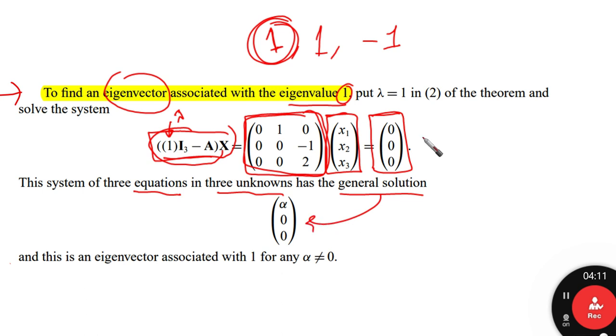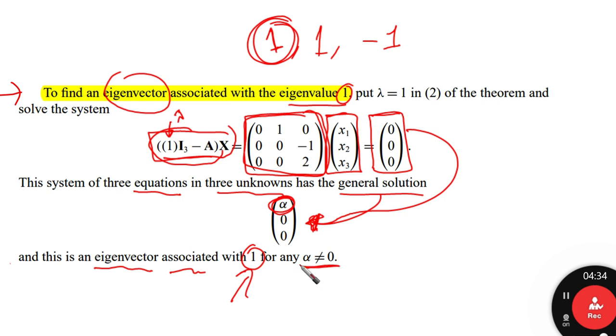You can do this better than me, of course, because you are already trained on this. So we have the general solution alpha 0 0, for any real number alpha that does not equal 0, and this is an eigenvector associated with 1.